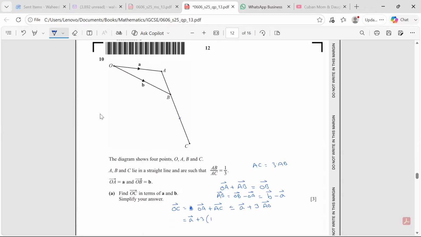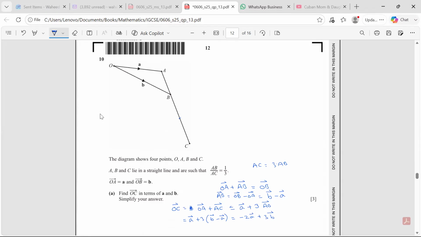We have found it as B minus A, right? So this will become A minus 3A, which is minus 2A, plus 3B. Okay, so this is our vector OC. Easy, clear. So we just found the vector OC.